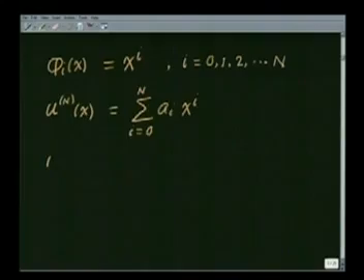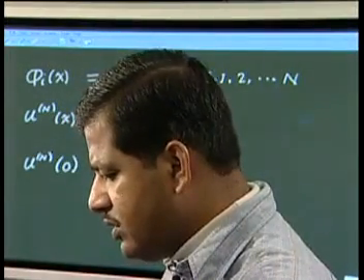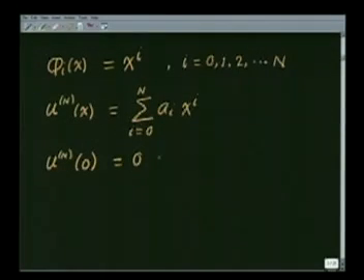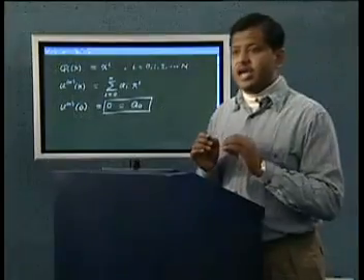Now we want un at 0 to be equal to 0. What do we get? By substituting 0 for x to the power of i, we will get a0 is equal to 0. So this is the constraint that we have enforced.